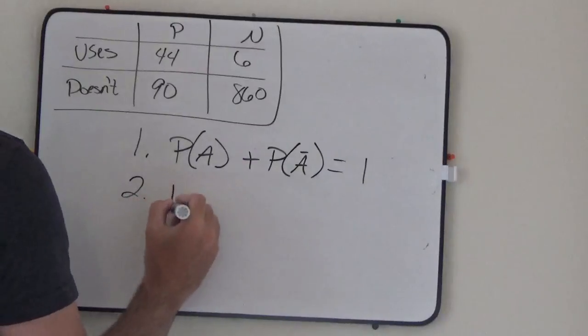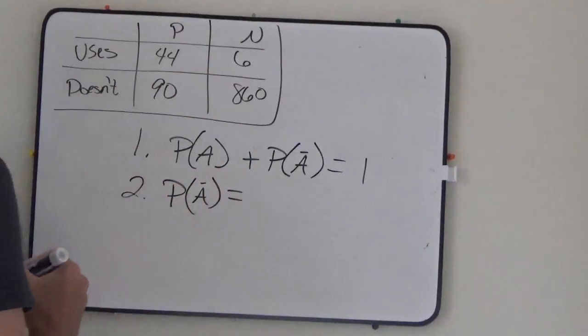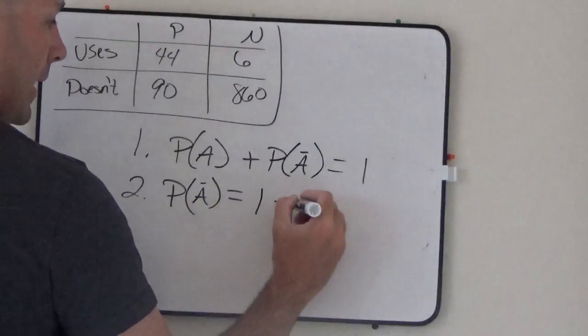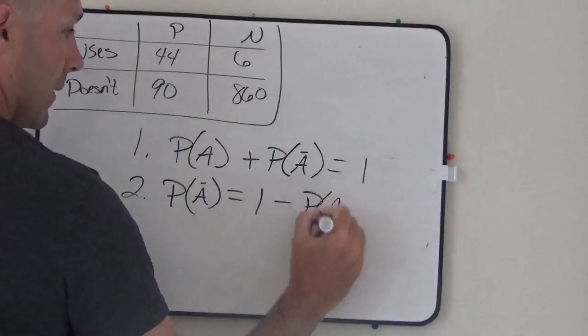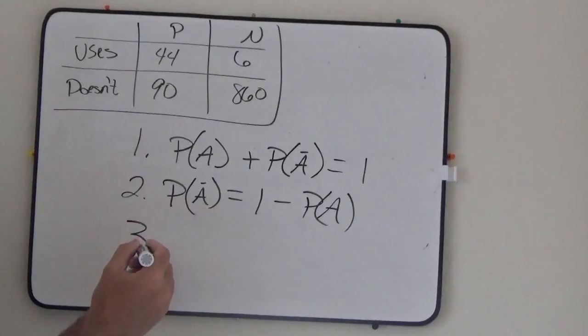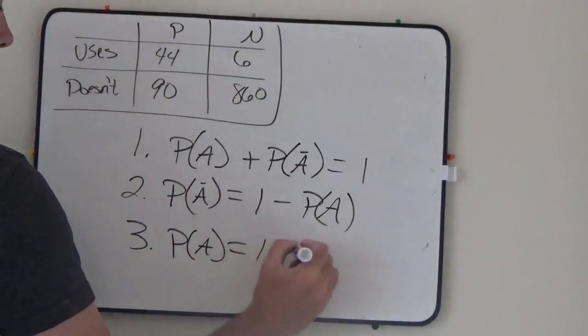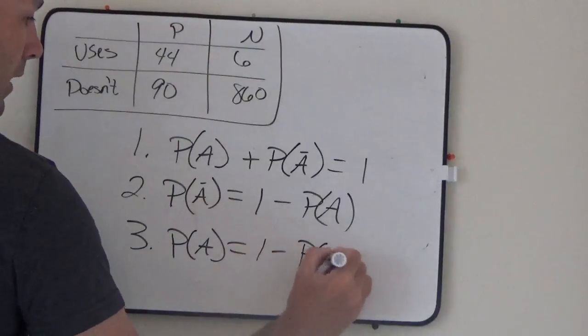Another rule, if you're trying to find the probability of the complement, that is 1 minus the probability of A. And then the next rule, if you want to find the probability of A, that could be found by 1 minus the probability of the complement.